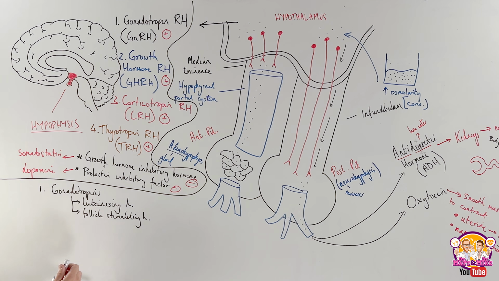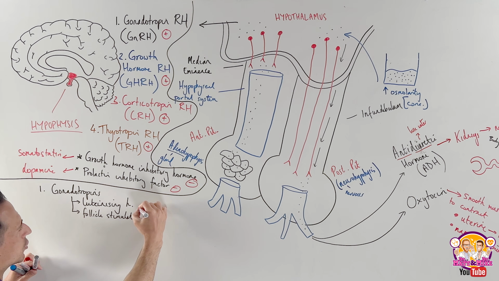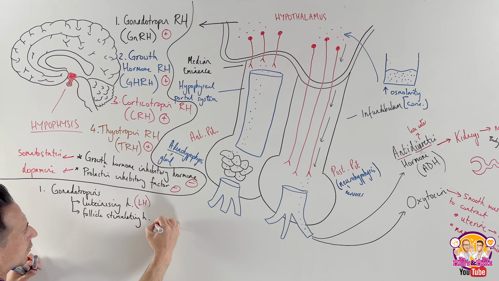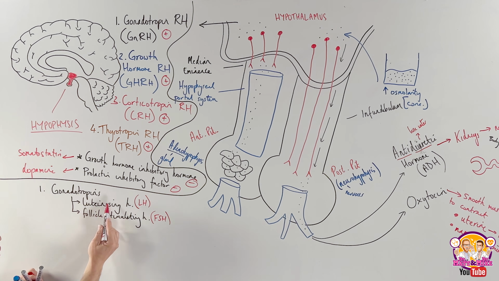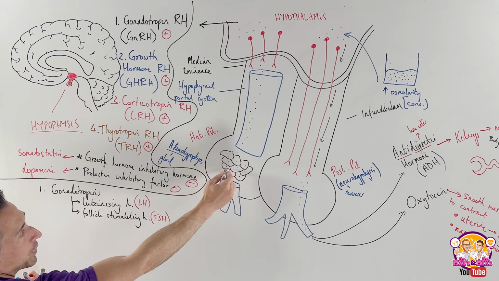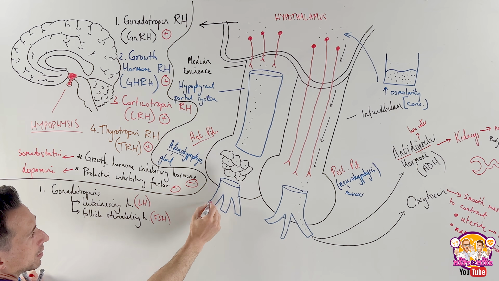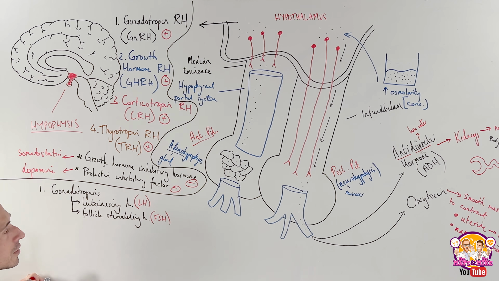Luteinizing hormone is sometimes written as LH, and follicle stimulating hormone is sometimes written as FSH. So these hormones are released by this tissue here in the anterior pituitary, and they will travel down, and where do they go to? They go to the gonads.